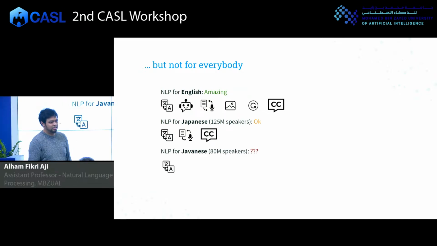It's only one letter different from Japanese, but it's a completely different language. It has a similar number of speakers, almost 100 million. It's a huge language, actually. But have you ever heard about NLP technology for Javanese? Well, you can translate with Google Translate, but I think that's about it. I don't think we have any other NLP technology for this language.